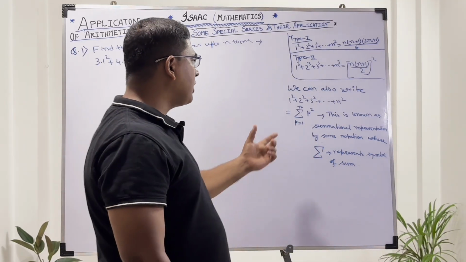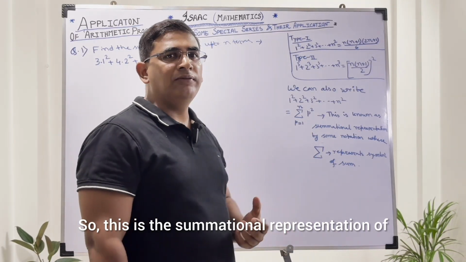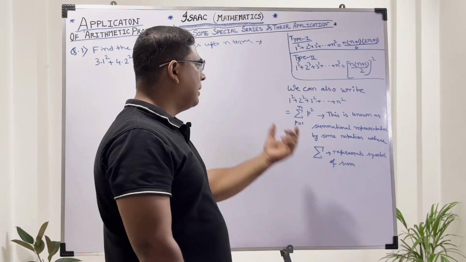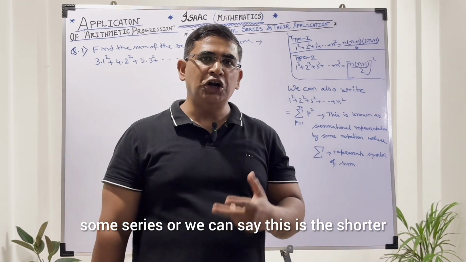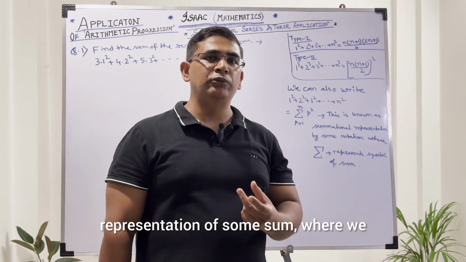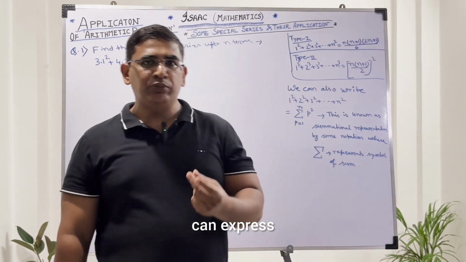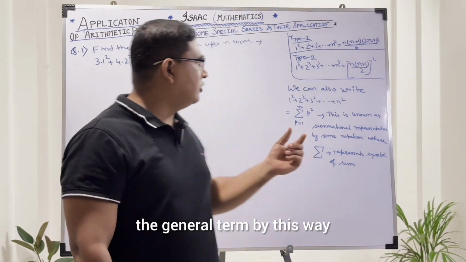Okay, so this is the summational representation of some series, or we can say this is a shorter representation of some sum, where we can express the general term this way.